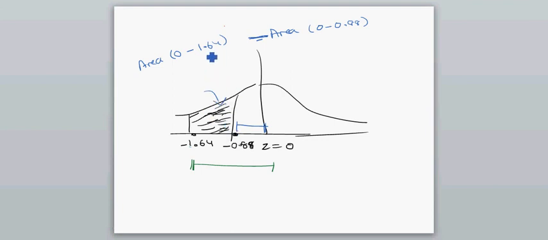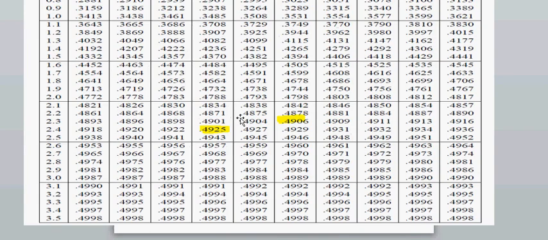How do you get the area of 0 to 1.64? You go to the normal distribution table, and for 0 to 1.64 area, 1.6 it is, and 0.04 is this column. So 0.4495. Similarly, the other value also you can calculate.